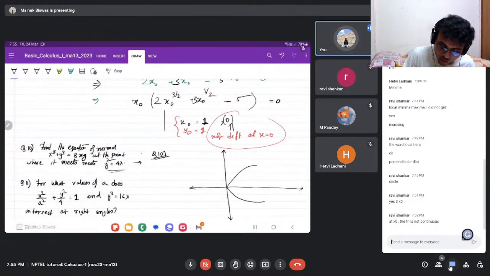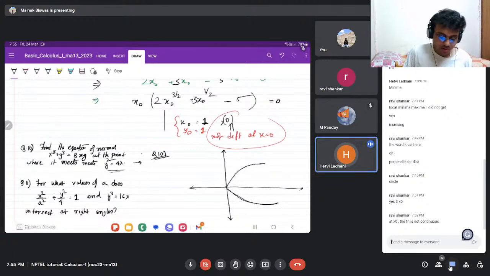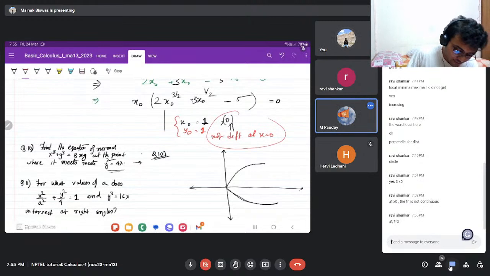Do you remember how you can parameterize y square equal to 4x? Does anyone know? 2 cos theta, 2 sin theta? No. t square, 2t. Yeah. So t square comma 2at.